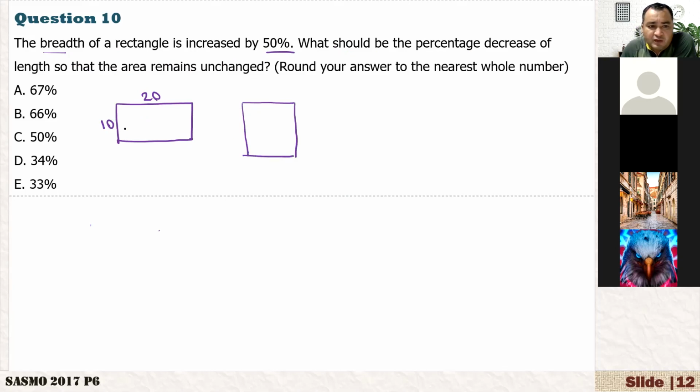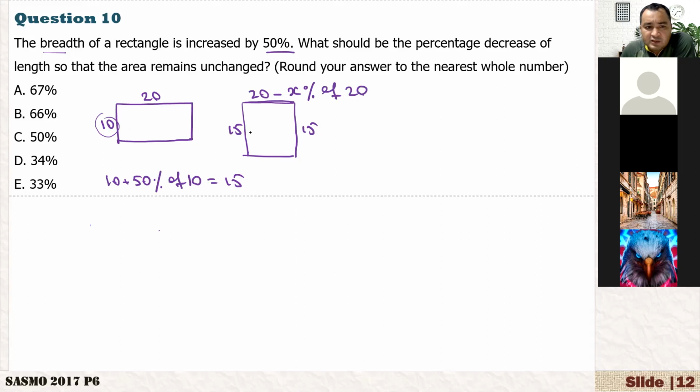We know that if you increase 10 by 50%, 10 plus 50% of 10, that is 15. So the breadth will be 15. Now how about the length? I am going to decrease it by how much? I don't know, let me decrease this by X%. X% of what?